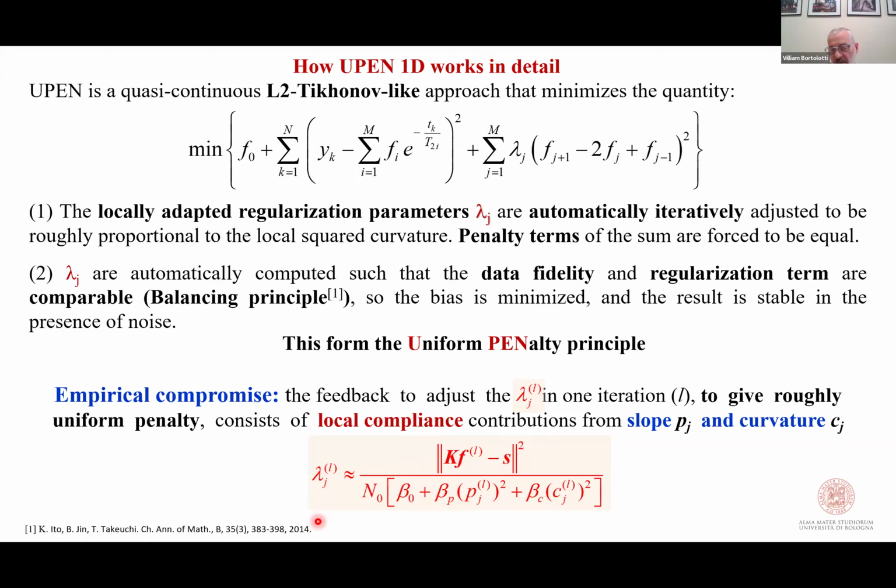But we introduce, nevertheless, some compliance parameters, because these parameters characterize the kind of sample. If you are using, for example, cement, or you are using milk, these are completely different samples, so the amplitude of the signal you obtain from the experiment is completely different.